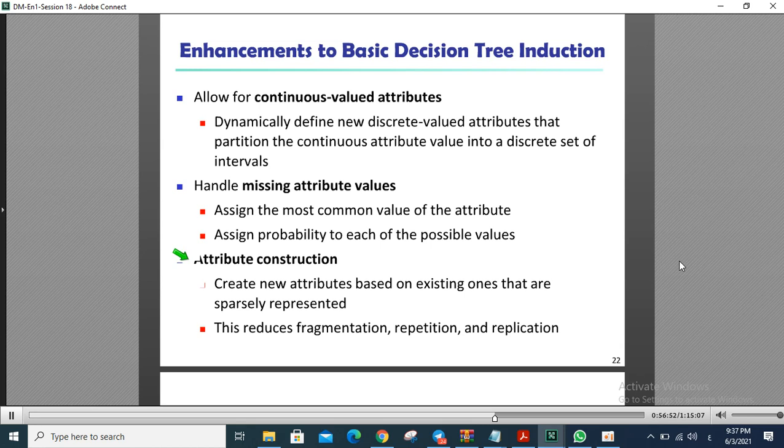we can use decision trees to create a new attribute. Let's suppose that I have an attribute with some sparse values. I can create a new attribute and put those sparse values into some limited number of categories.